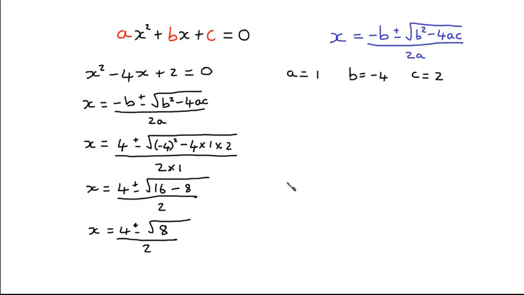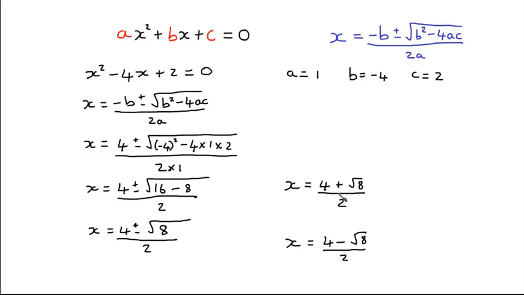So we've got x equals 4 plus root 8 all divided by 2. And our other solution is x equals 4 minus root 8 all divided by 2. See over here, it can either be plus or minus. We now take them separately along here.